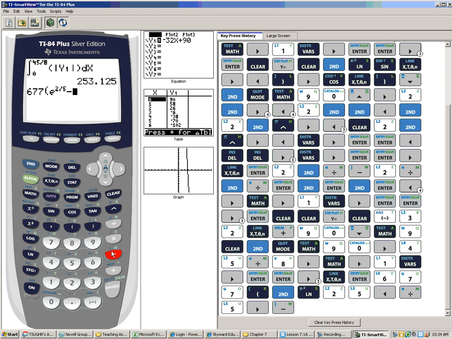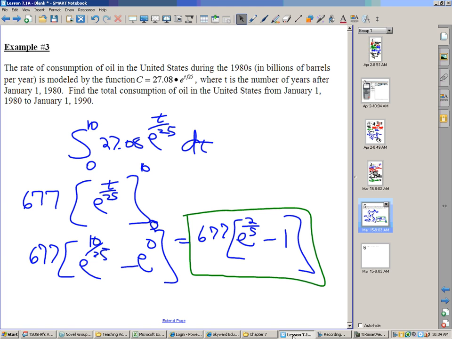Is that what it was? 332.965. Okay, and make sure that this says this is the rate of consumption of oil in billions of barrels. So billions of barrels.